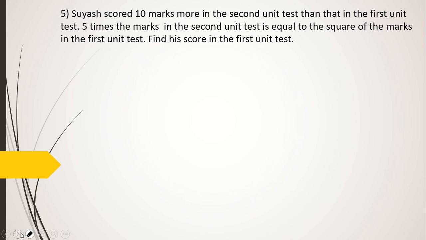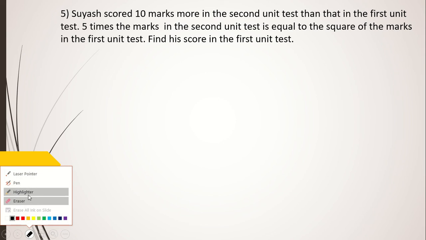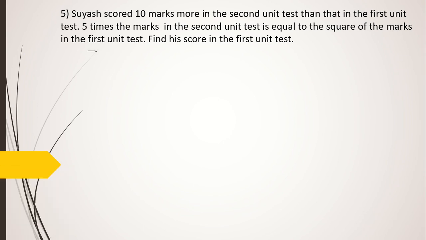Suresh scored 10 marks more in the second unit test than that in the first unit test. So assume in the first unit test he got x marks. In the second unit test he got 10 marks more than the first unit test. This is what the first line says.